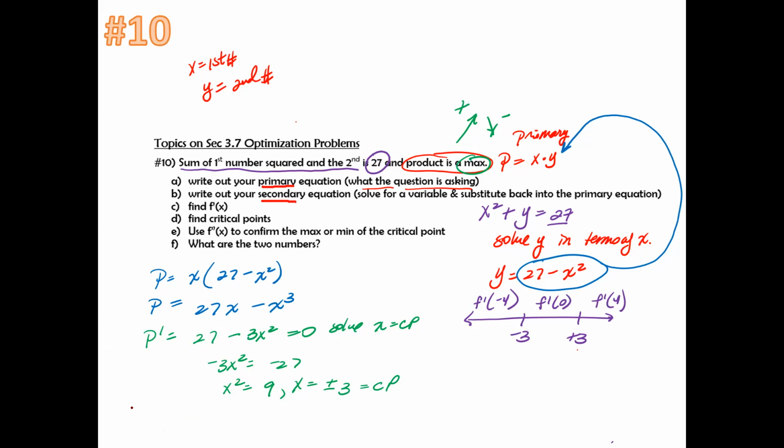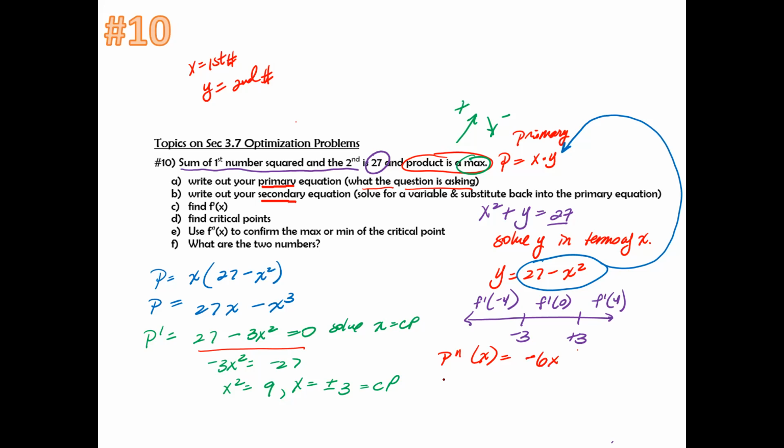Now, if you decide to do something a little bit different, like with maybe a second derivative, you can do that as well. So let's try a different method. If I were to find p double prime of x, which is just going to be the derivative of 27 minus 3x squared, you will get a negative 6x.